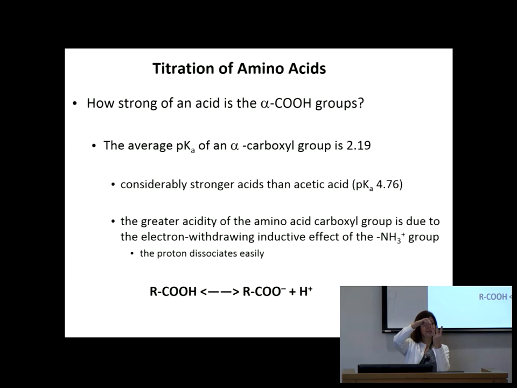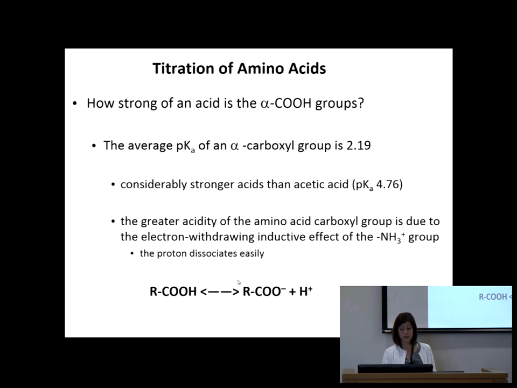So what happens is we have an electron withdrawing functionality of our amine group, which stabilizes the form that has donated the proton. And that makes this acid more readily able to give up that proton.